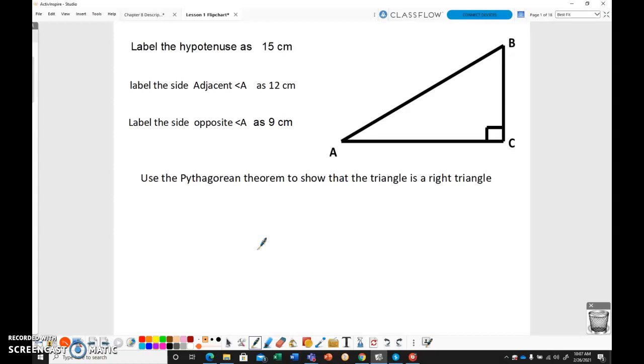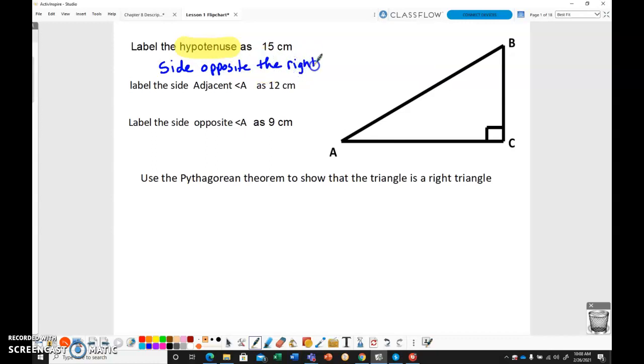So I'm going to go ahead and start going over the warm-up. The very first thing we need to recognize is what it means to be a hypotenuse. Well, the idea of a hypotenuse is the side opposite the right angle.